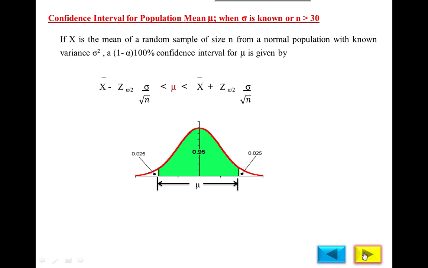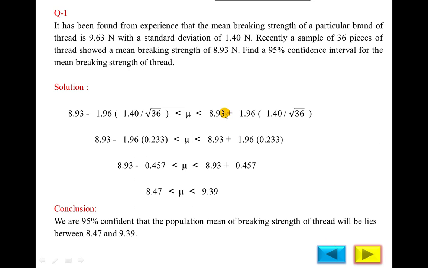So now we will solve a question. This is the same as the previous question, the same question from the previous topic, testing of hypothesis. It has been found from experience that the mean breaking strength of a particular variant of thread is 9.63. This is given in the previous question, but it is not required here, because in testing of hypothesis we either accept or reject, but in this we will find the lower and upper acceptable value.